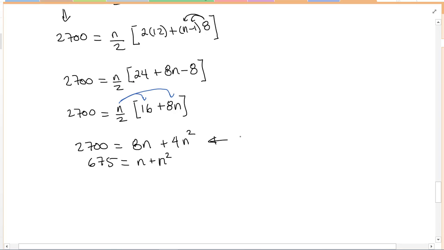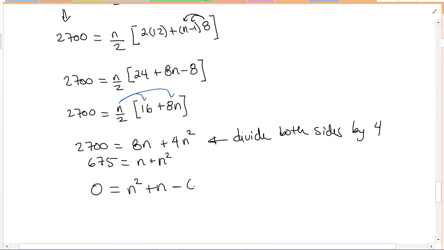Divide both sides by 4 here. And now we have a quadratic. To solve a quadratic, set it equal to 0. So subtract 675 and rearrange so that it's in descending order: n squared plus 2n minus 675.